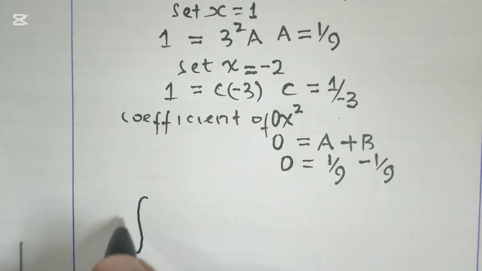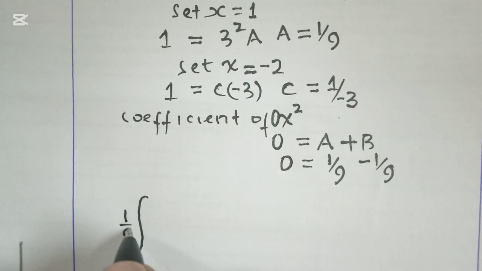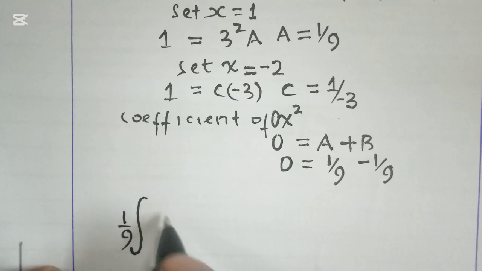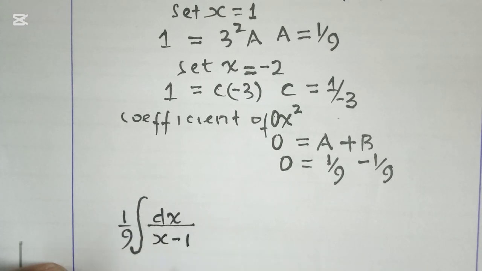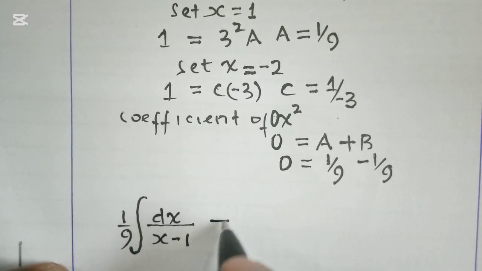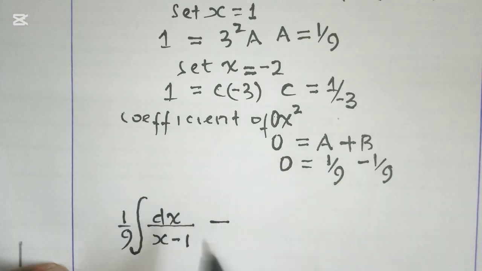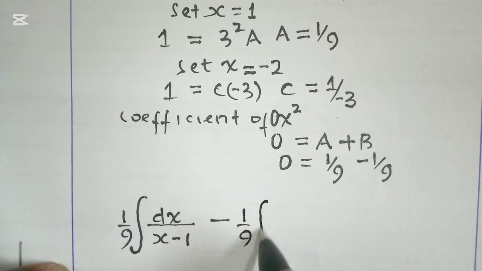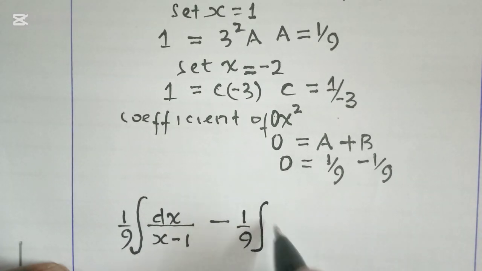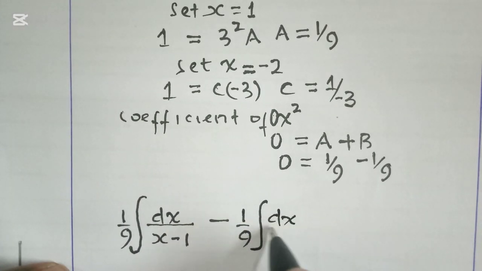So we shall have 1 over 9 dx all over x minus 1 plus, for b is negative, so I can leave it as negative. So we have 1 over 9 integral dx x plus 2.